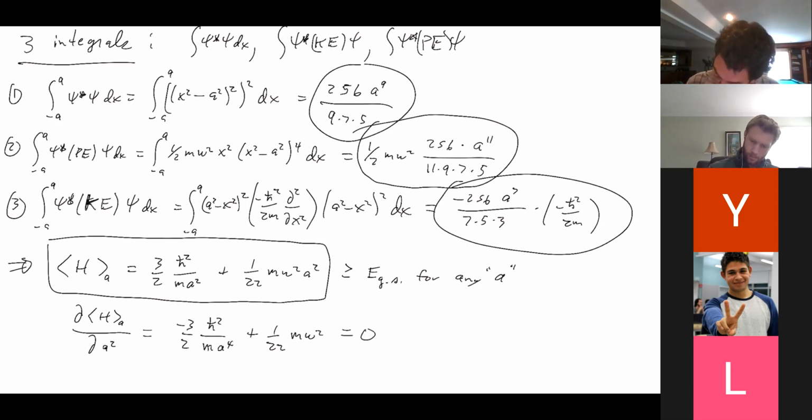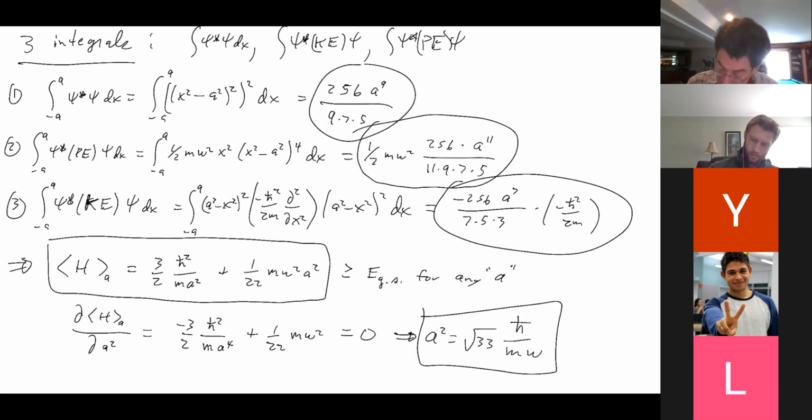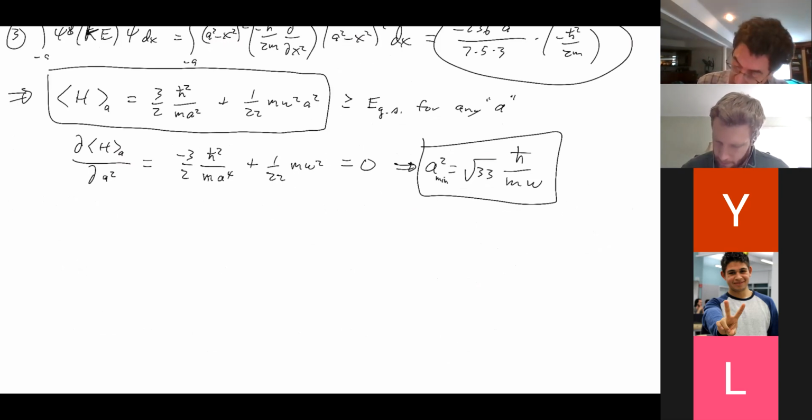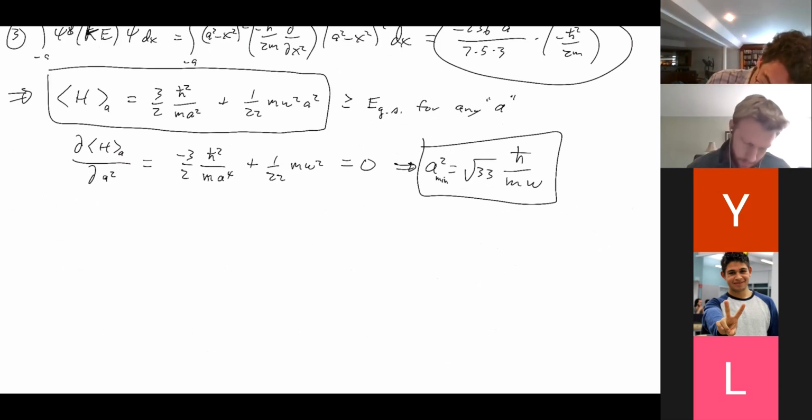When I solve that equation, I find that a squared is equal to square root of 33 times h bar over m omega. So that's my minimum. I'll call that a squared minimum.